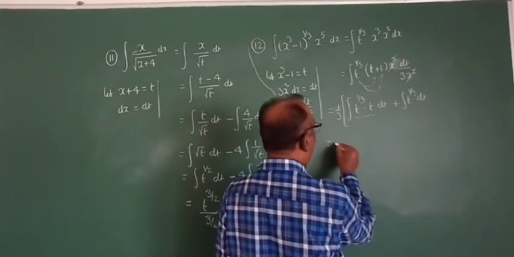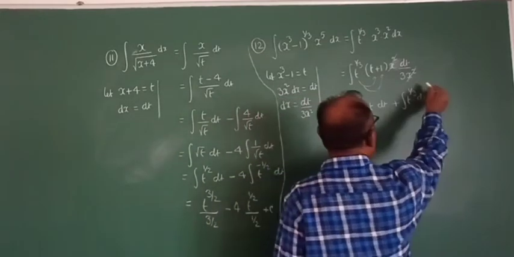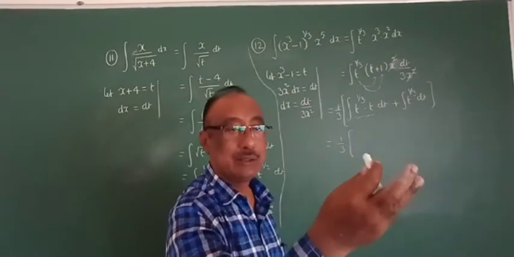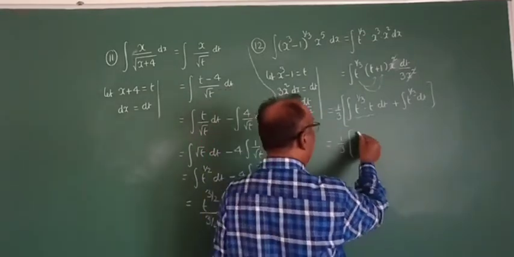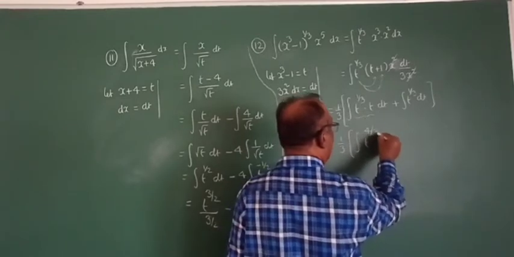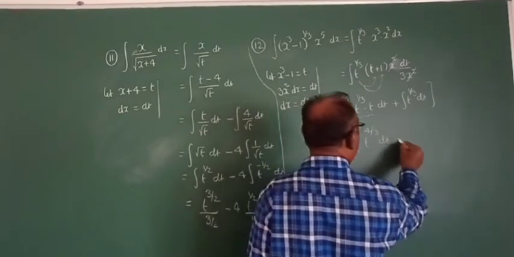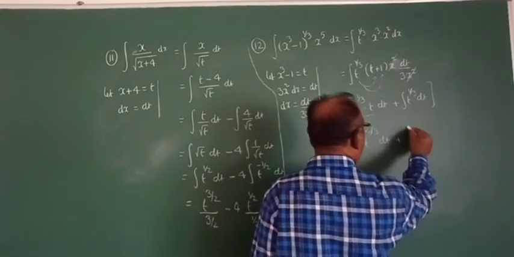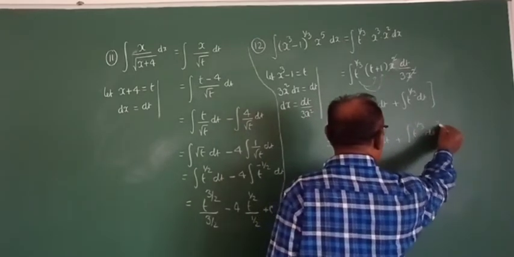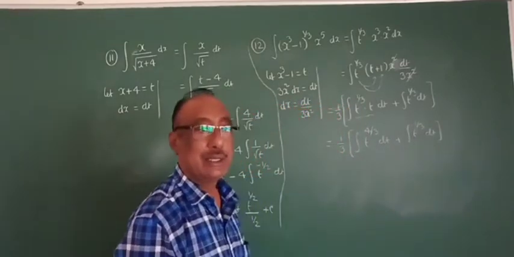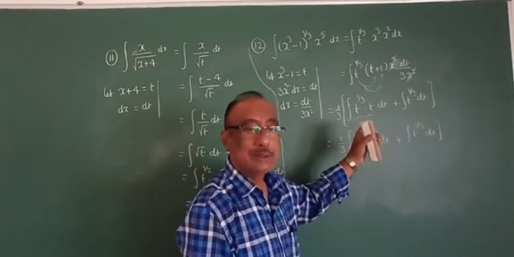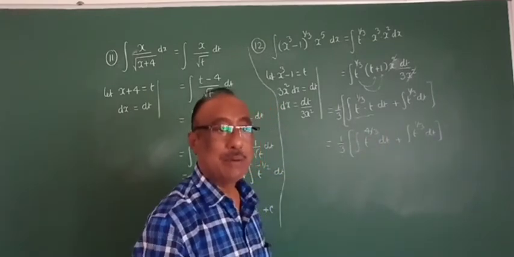Write down 1 by 3 in the bracket as the multiplication for all the terms. Therefore, integral of t power of 4 by 3 dt plus integral of t power of 1 by 3 into dt. Is it clear? Right. Apply the x power of n formula, x power of n plus 1 by n plus 1.